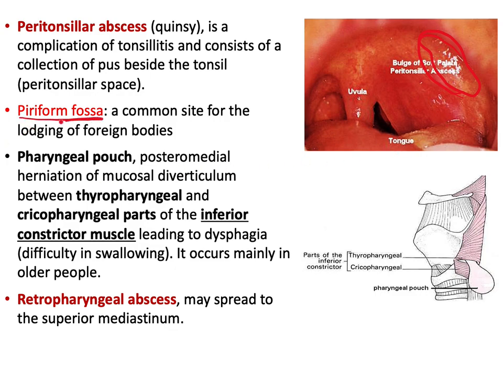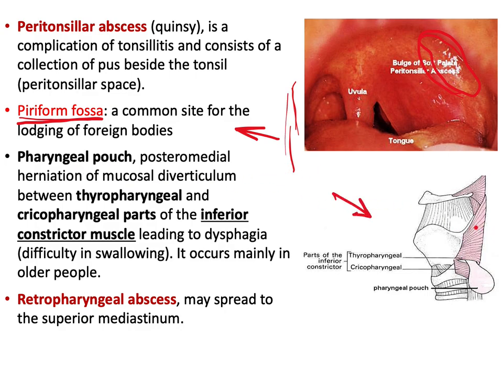Piriform fossa, we already explained before, maybe 7 or 10 slides ago. You can go back and read the clinical correlation to it, especially, as I mentioned, that it's a site for lodging of foreign bodies, and the complication when you try to remove the foreign body is to injure the recurrent laryngeal nerve and internal laryngeal nerve there. That's just covered by mucosa.